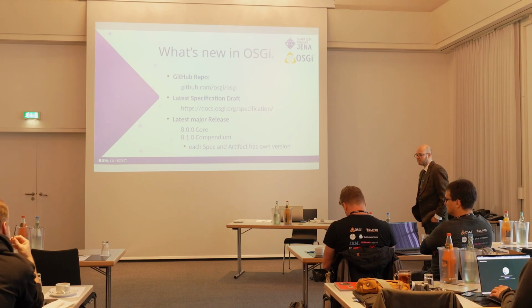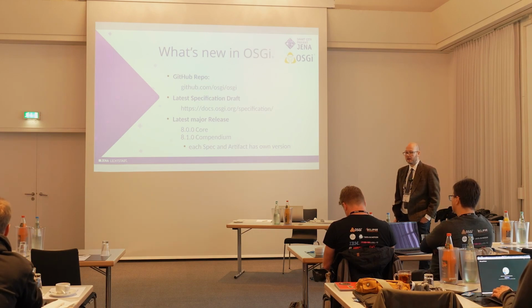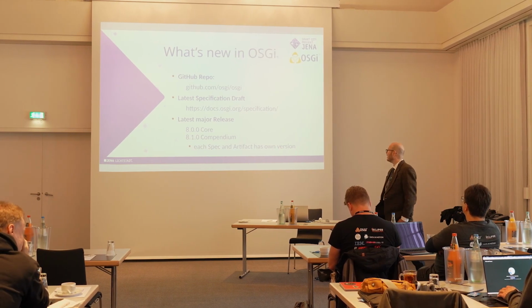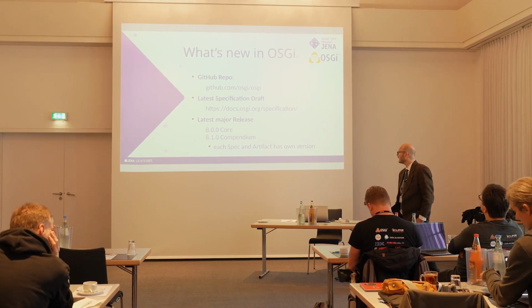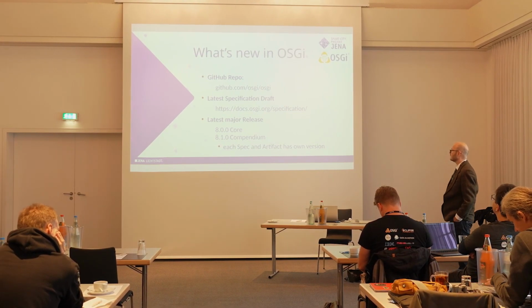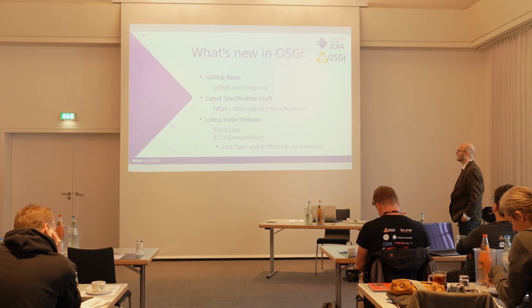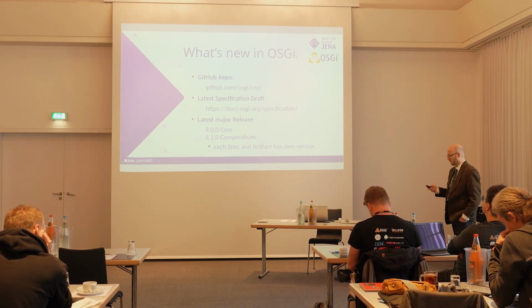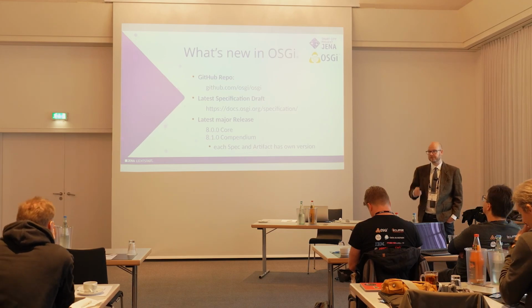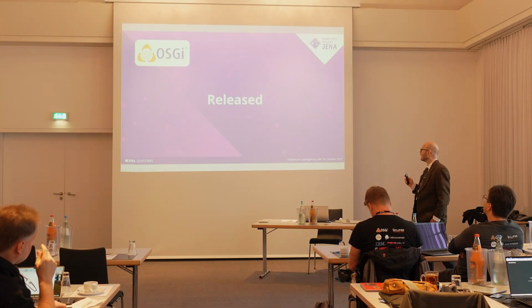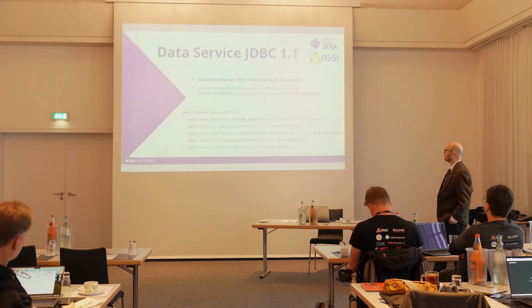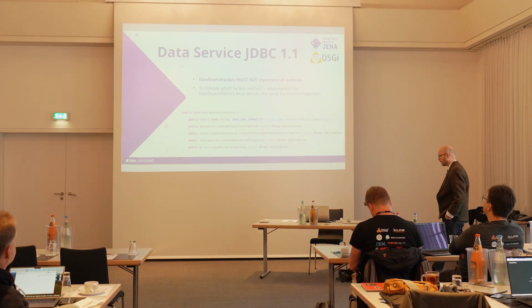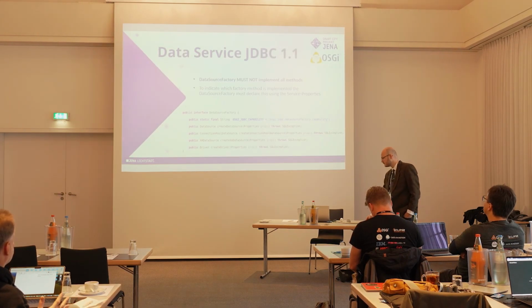As a baseline for the talk today, I will take the core release 8 and compendium release from last year, so that we have a look at what happened since one year. So we have some released versions since last year.